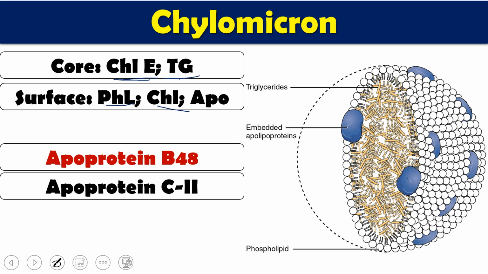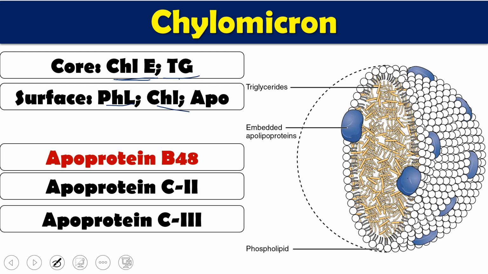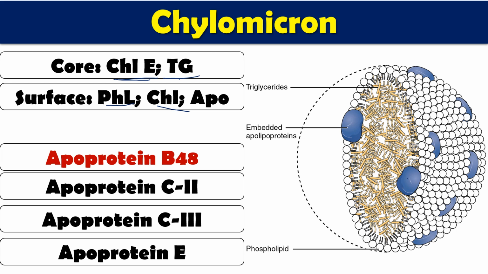Then another component, apoprotein C. The major function of apoprotein C2 is that it activates an enzyme called lipoprotein lipase. Another protein, apoprotein C3, inactivates lipoprotein lipase. It also has apoprotein E, which behaves as the ligand for binding to the hepatocytes. Hepatocytes have a receptor called the LDL receptor, LDLR.